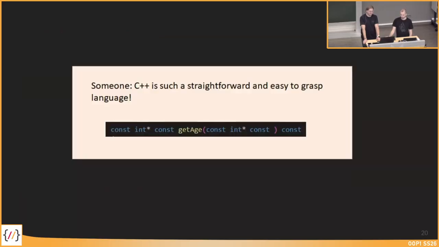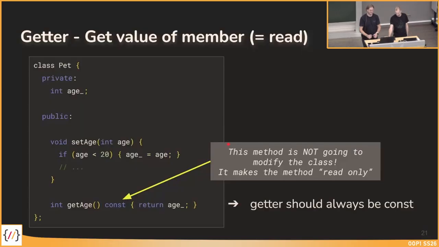So now we already know what this const is, this const is, this const is, and this const is, because this is the return value here, and this is just the first argument. But the question now is what this const here means. And this const here means that the body of my method, in this case, will not modify the class.